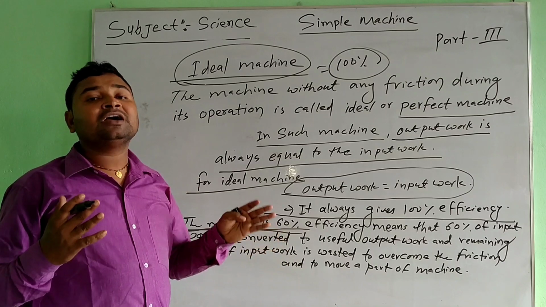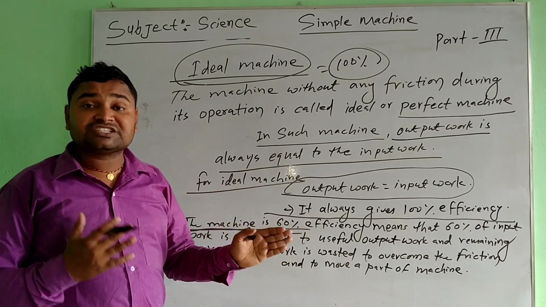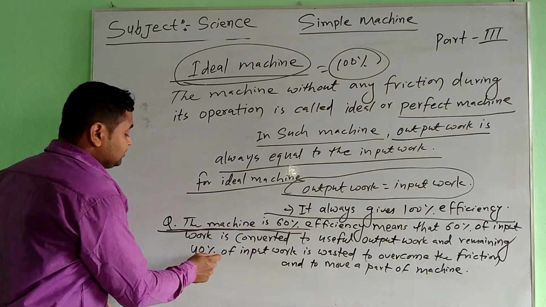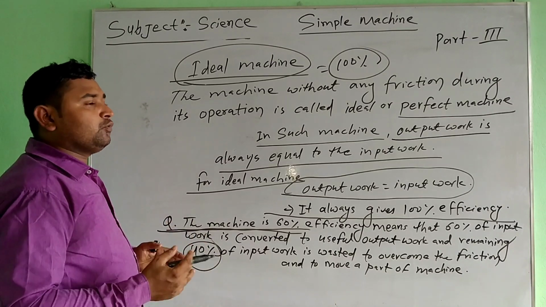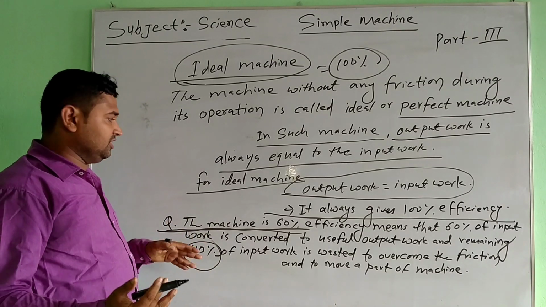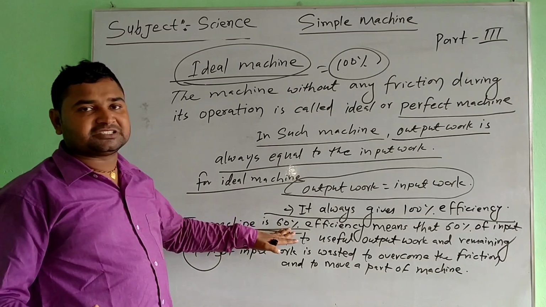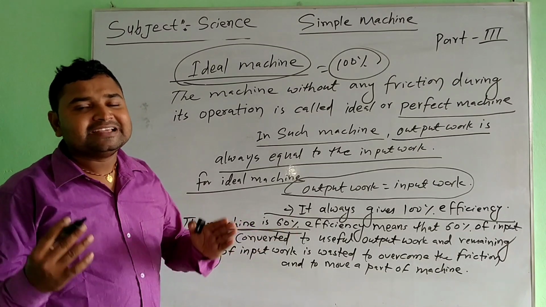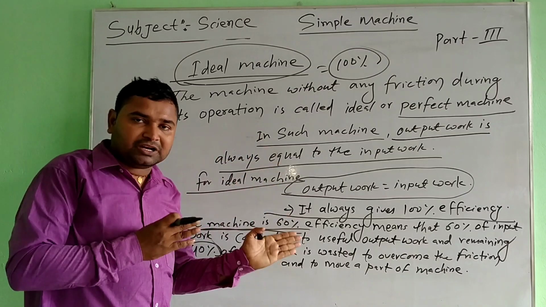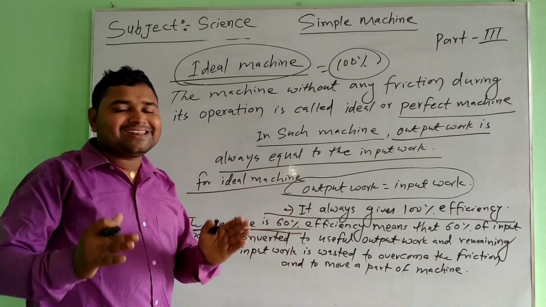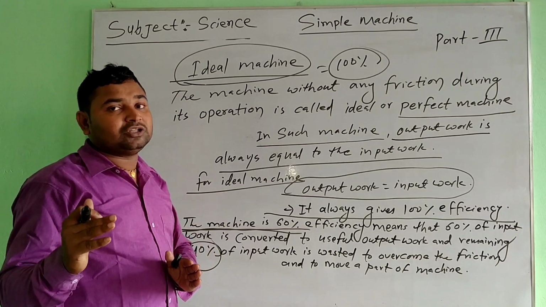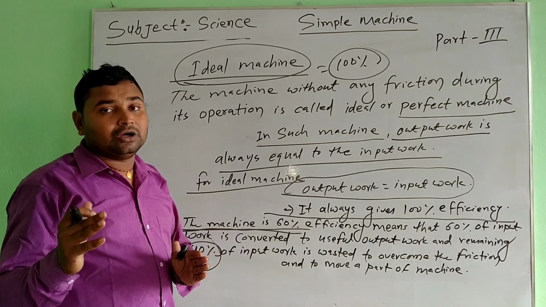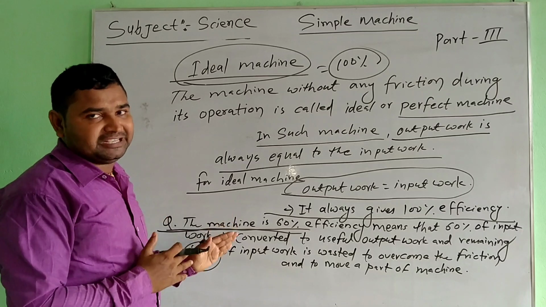Due to heat and friction, 40% is reduced, wasted due to the friction of the machines.